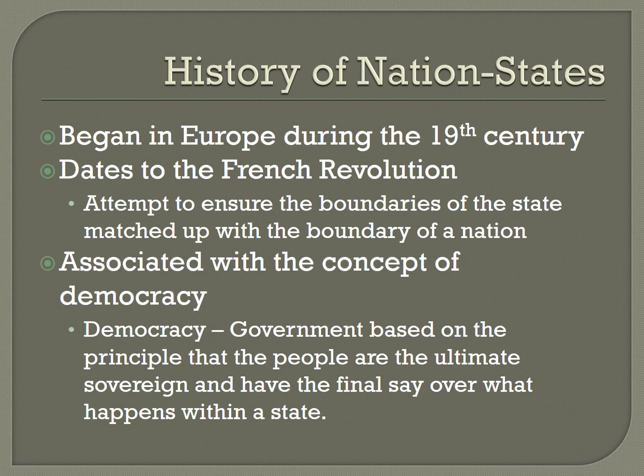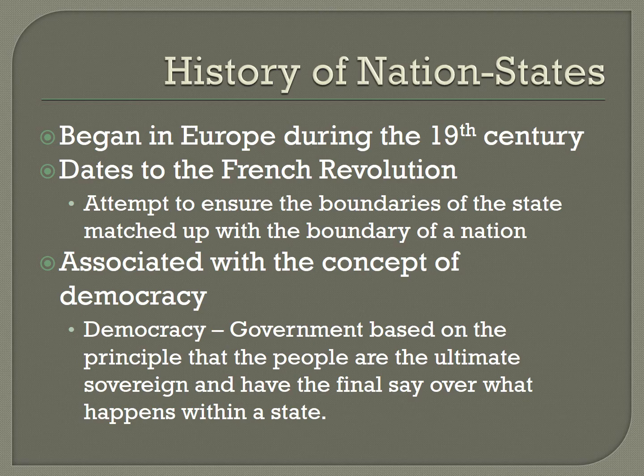And so nation-states, as far as an origin with the French Revolution, was an attempt to ensure that a particular group of people has the sovereignty to make decisions for their state, that they are the legitimate rulers of the state in which most of those people reside.